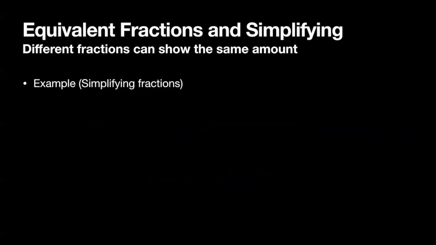So this is what we call simplifying fractions. So simplifying fractions is how we get from a very complex looking fraction to a simple one, but it has the same principle as equivalent fractions. So essentially, we want to find an equivalent fraction in the simplest form.